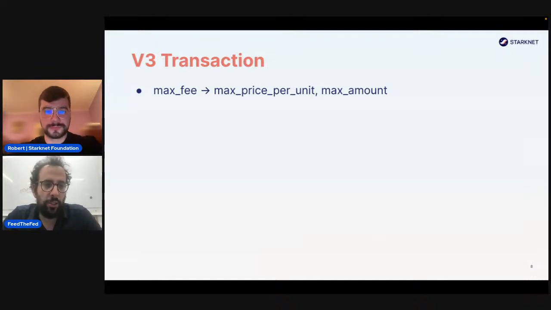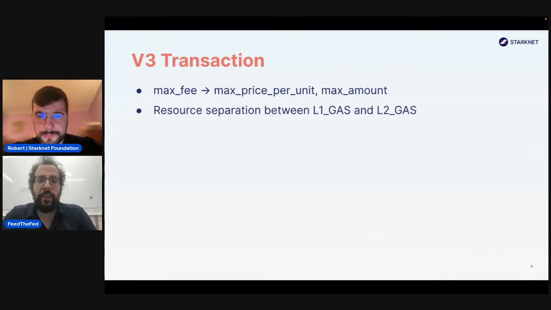With V3 transactions, max fee is replaced by max price per unit and max amount, which is more future compatible for the point in time where the protocol actually has a fee mechanism and you're able to propose a tip per unit of computation. With max fee, there is not a lot of wiggle room. So V3 transactions take that into account.